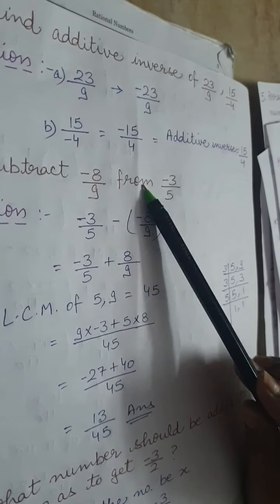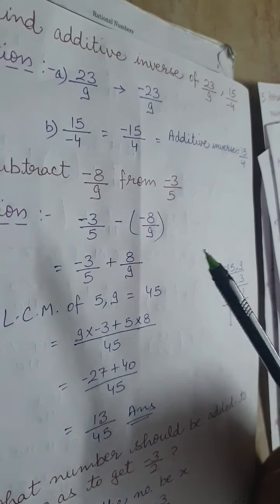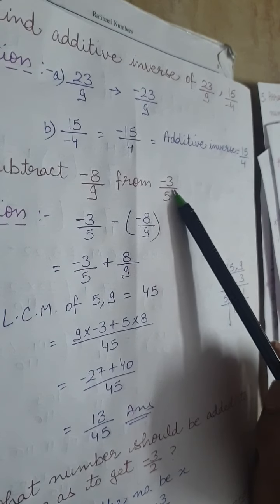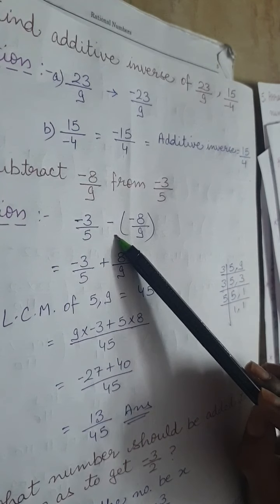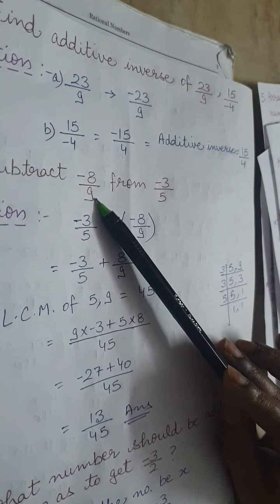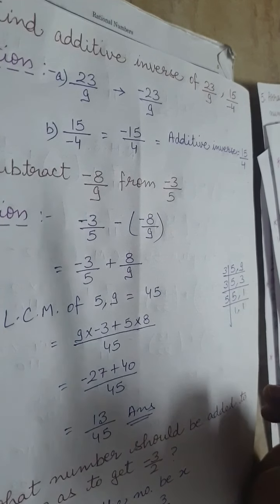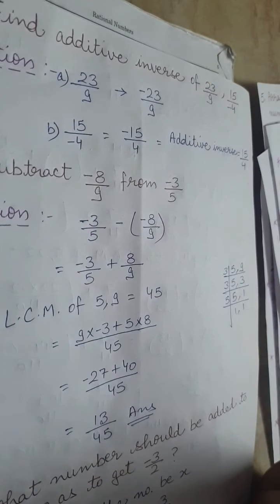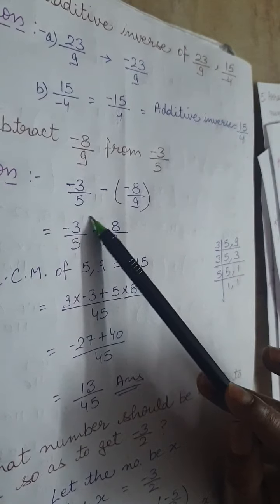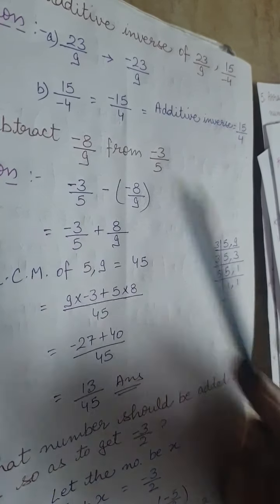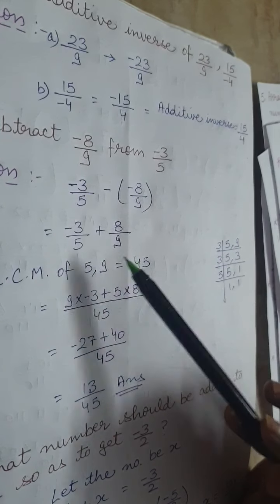What is the meaning? कि हमें -3/5 में से -8/9 को सब्ट्रैक्ट करना है. तो हम क्या करेंगे, इसमें ये जो सेकेंड नंबर है इसको पहले लिखेंगे, देन सब्ट्रैक्शन साइन एंड द फर्स्ट नंबर. इफ़ यू आर फॉलोइंग दिस मैथड देन योर सम शुड नेवर बी रॉन्ग. अगर ये मैथड फॉलो करोगे तो तुम्हारा सम गलत नहीं होगा. ठीक है. So -3/5 then subtraction and the first number, minus plus, the same procedure we have to follow.